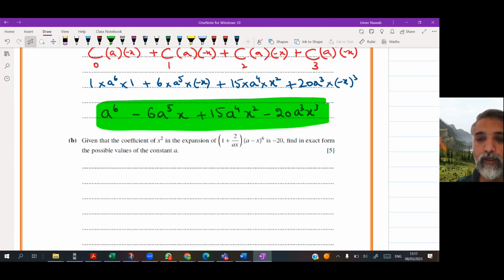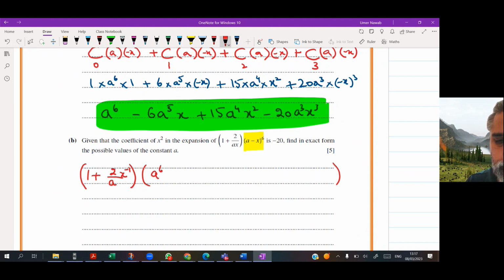Given that the coefficient of x squared in the expansion of this, we have already done this expansion. Let me copy them. (1 plus 2 over a x to the power negative 1), and a to the power 6 minus 6a^5 x plus 15 a to the power 4 x squared minus 20 a cubed x cubed.